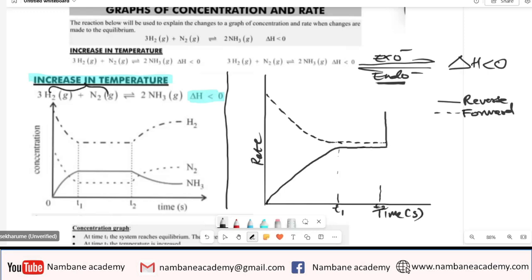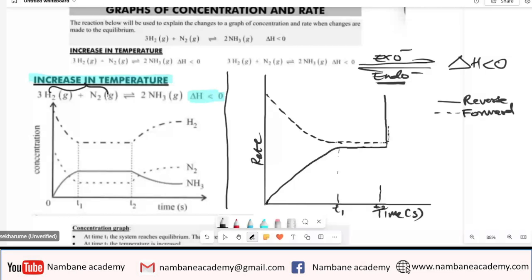The reverse reaction will be increasing. Now, in reaction rate, once you increase the temperature, we increase both forward and the reverse. But the one which is favored is increasing more.